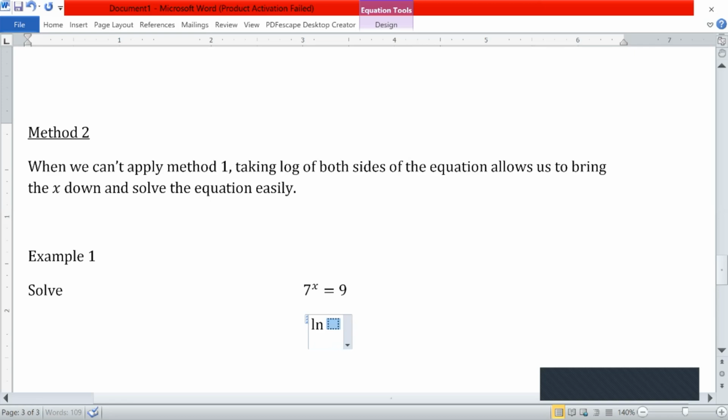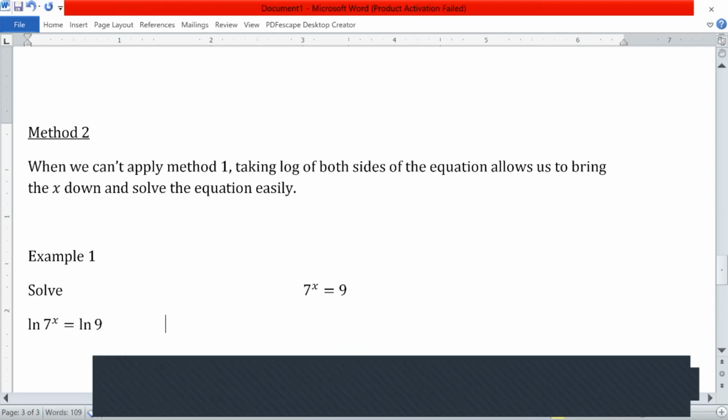So I'm taking ln of 7 to the power of x equals ln, I'm taking ln on both sides, ln of 9. So within brackets here, you can write what you have done: taking ln on both sides. That's what you did.